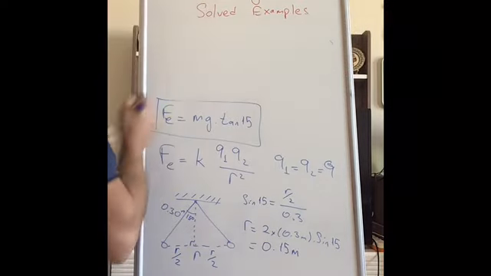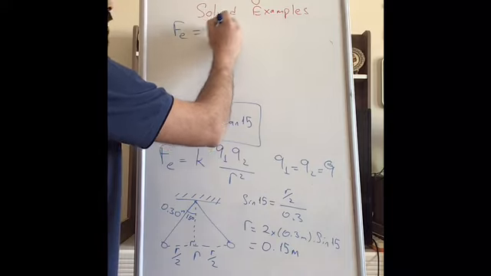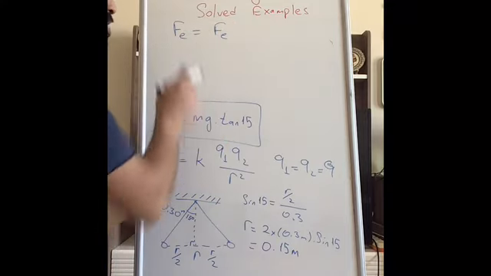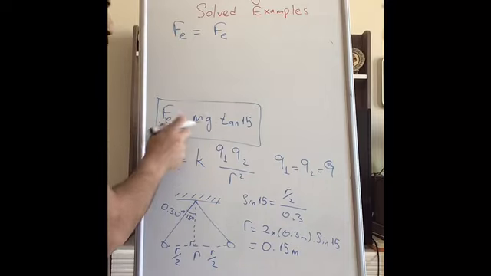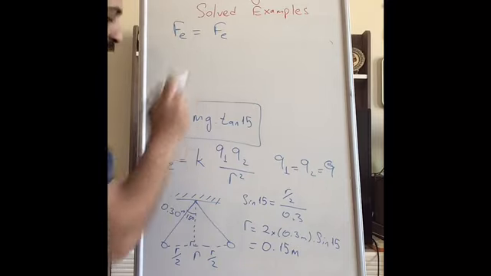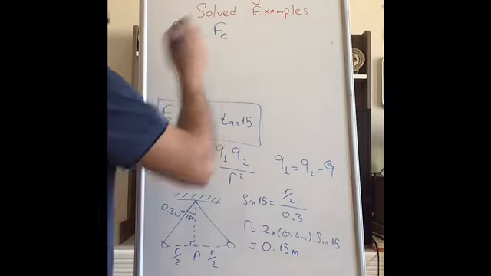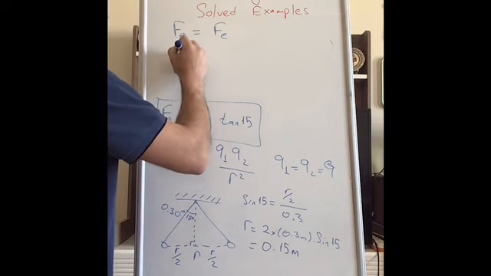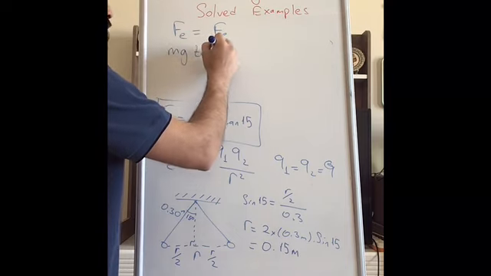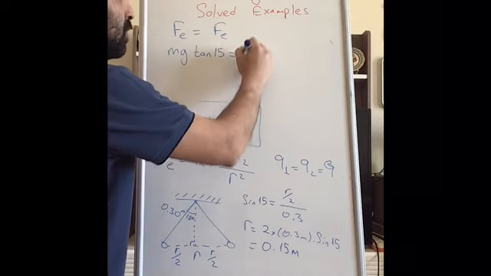So we are going to use this, like F, electric force F will be equal electric force F. So this is just a trivial equation, but one side will include this equation, while the other side will include Coulomb's law here, this equation. So Fe from our free body diagrams will be equal mg tangent 15, and the right hand side of this equation will be equal k.